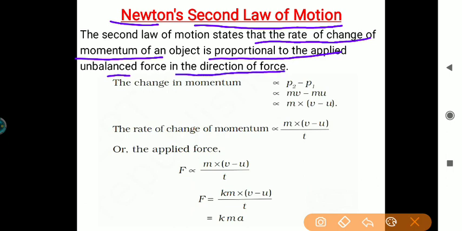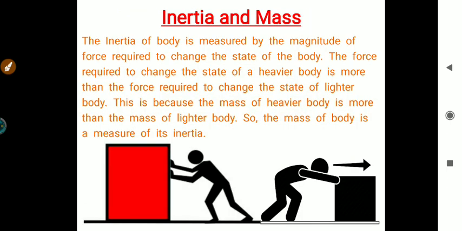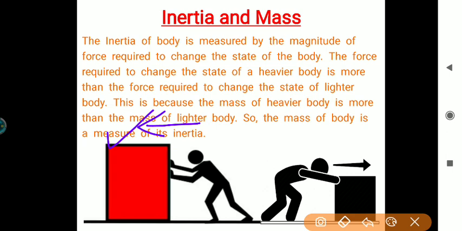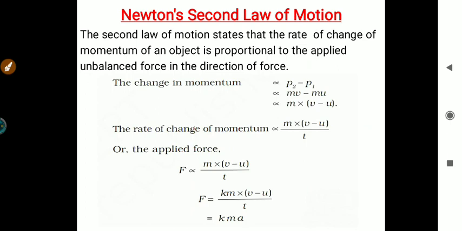For example, in the previous case, this object is at rest, so the momentum is 0. When an unbalanced force is applied in the left direction, there is a change in momentum. So the change in momentum is directly proportional to the applied force.